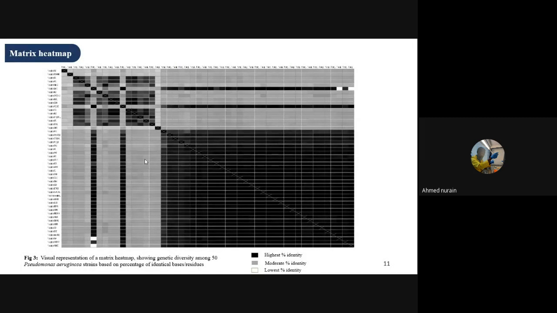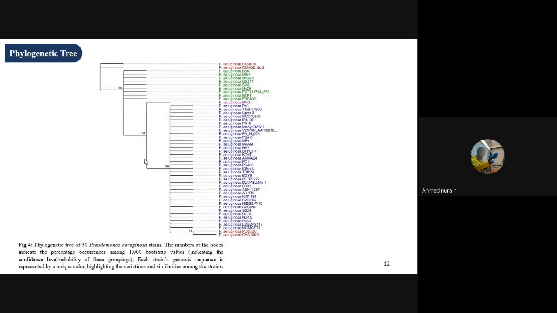And here we have a graphical representation of the matrix heat map showing the genetic similarities and differences among the 50 strains. The heat map indicates the percentage of identical bases or residues among the strains, with different colors representing the highest, moderate, and lowest percentage identity.